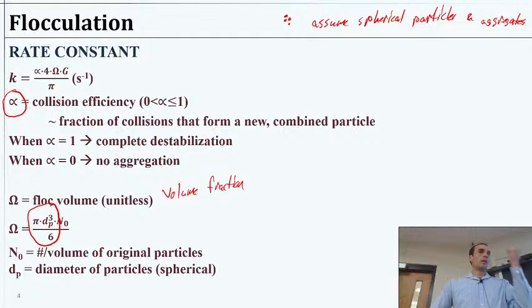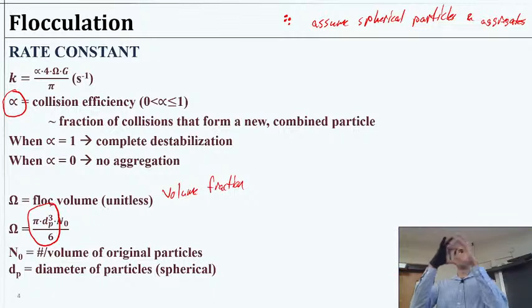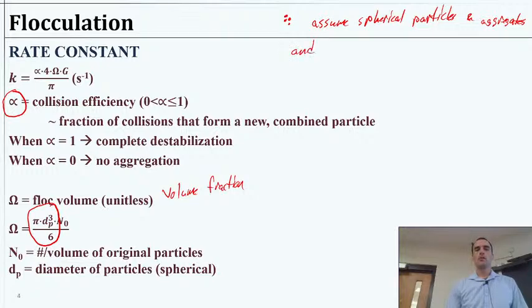We also assume that when we do stick particles together to make this new spherical aggregate, that the volume is conserved, right? We're not losing any volume, even if maybe it's changing shape so that we can imagine it's a new sphere. So we'll say, and the volume of particles is conserved.